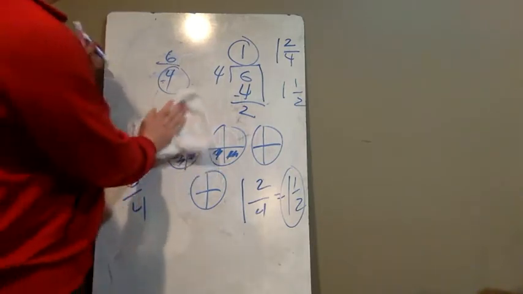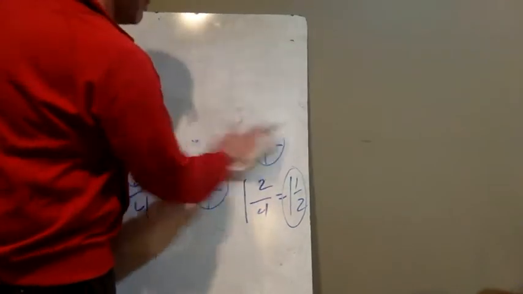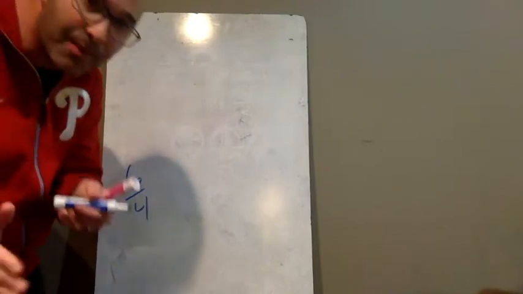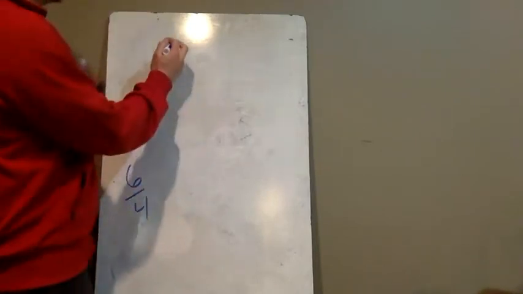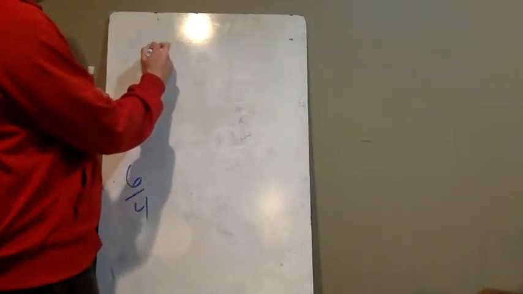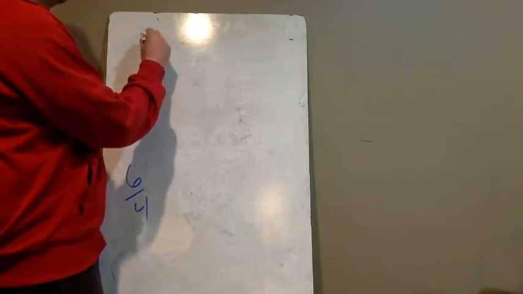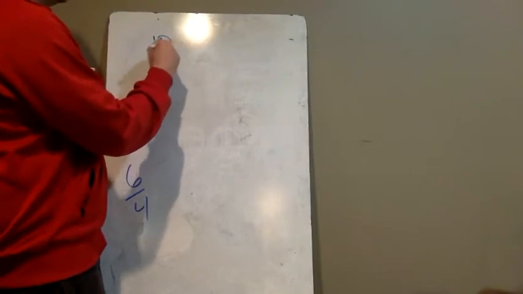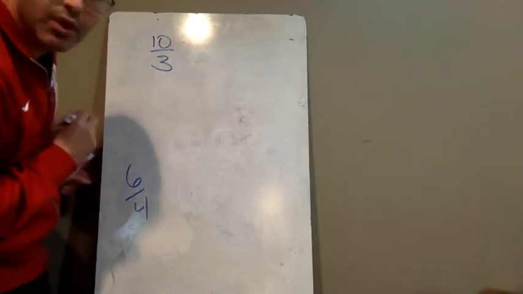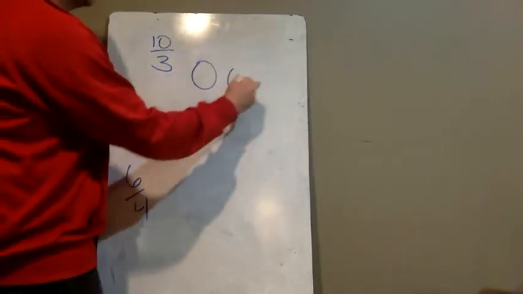Let's try one more. We'll look at it as a picture, and then we'll do it with division, turning an improper fraction into a mixed number. Let's say 10/3. First, let's look at it as a picture.